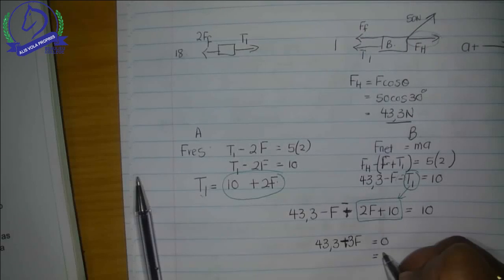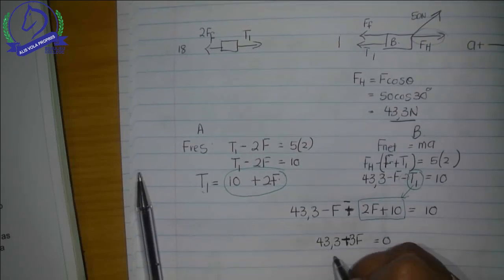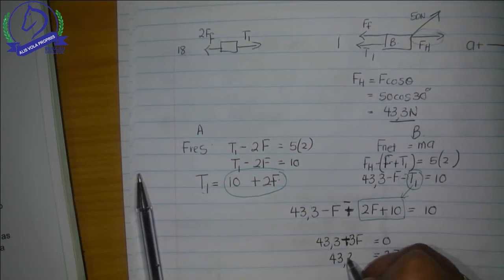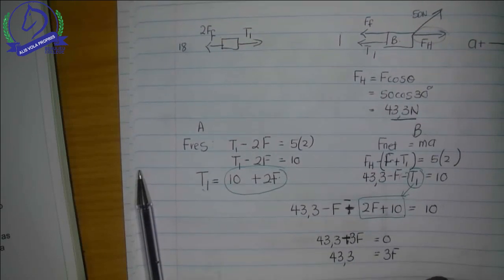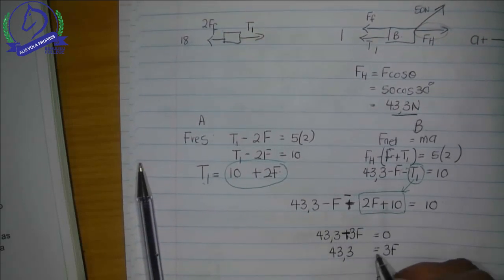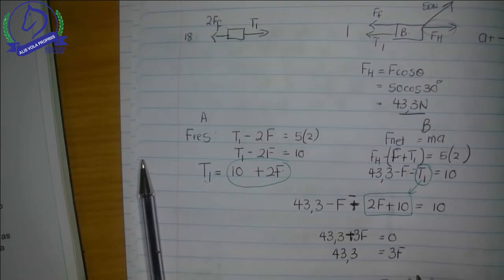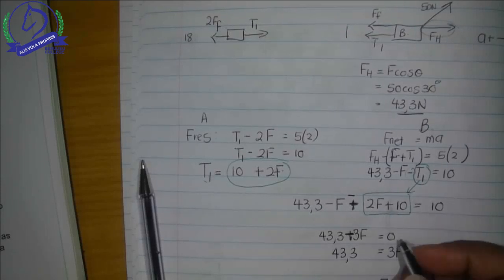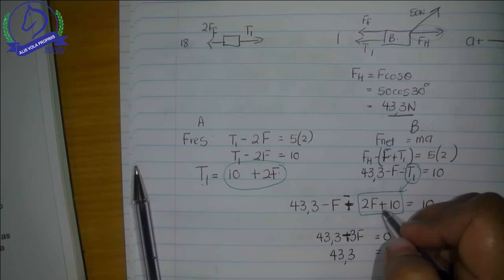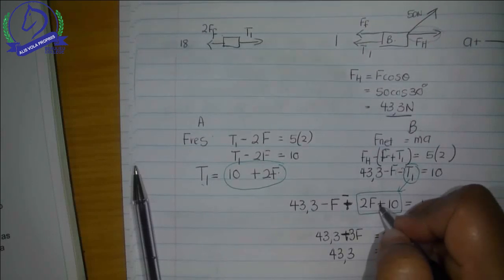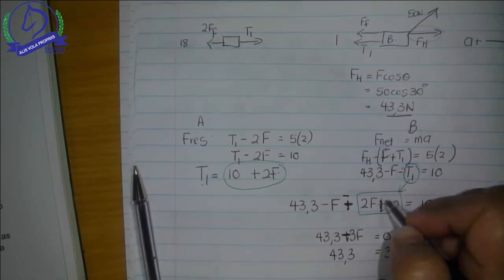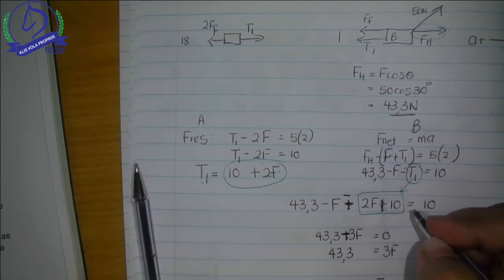Okay, so I'm going to have 3F equal to 43,3, therefore F is equal to 43,3 divided by 3. Is it 43,3? Yes, but then I also just remembered that this needs to be minus 10 because of the minus sign there.